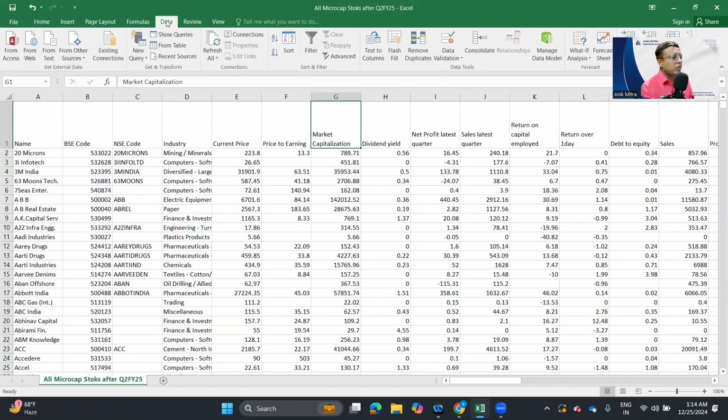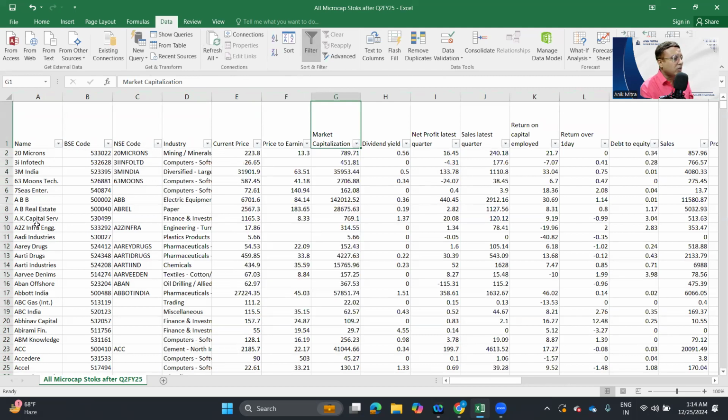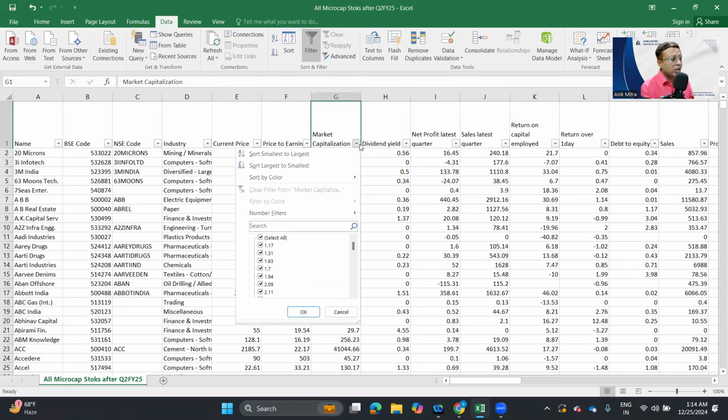For that, I will go to Data and apply the filter. These are arranged in alphabetical order, starting with A to Z, and numbers come even before the alphabets. So now I'm going to sort it in terms of market cap, from smallest to largest.